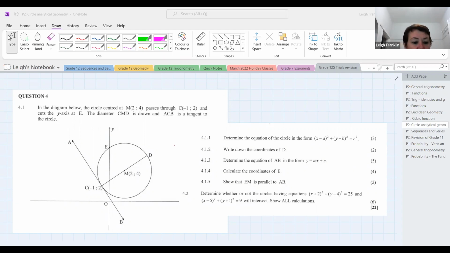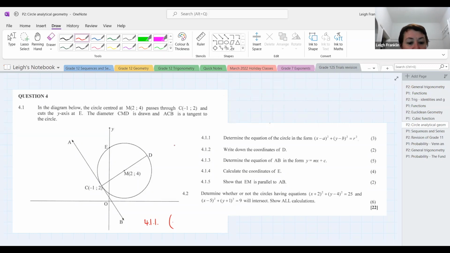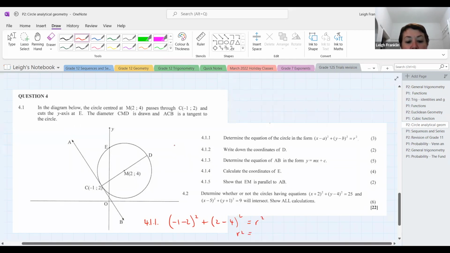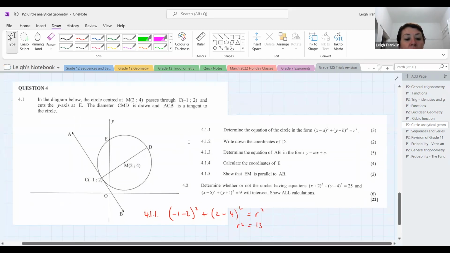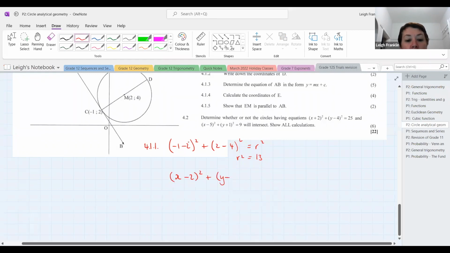So what I would have done here is I would have subbed in and said x is equal to -1 when a is equal to -2, and y is equal to 2 when b is equal to 4, and got r squared, and then you would have ended up with r squared being equal to 13. And you know the coordinates at M, the center, thus we would have ended up with (x minus 2) squared plus (y minus 4) squared equals 13.